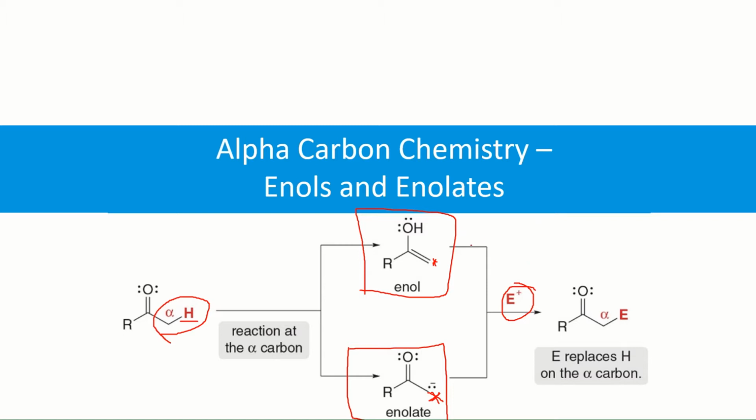The enol itself you've come across before. Remind yourself, for example, when you added water to an alkyne, say for example if we did a Markovnikov addition of water using an acid catalyst, then the net result would be, of course, your enol.